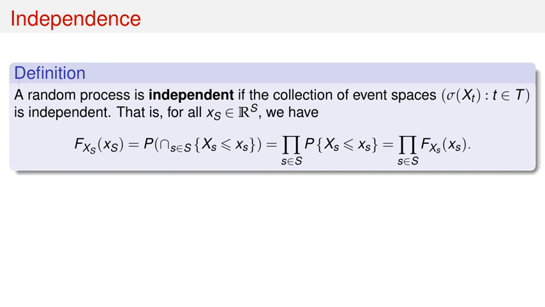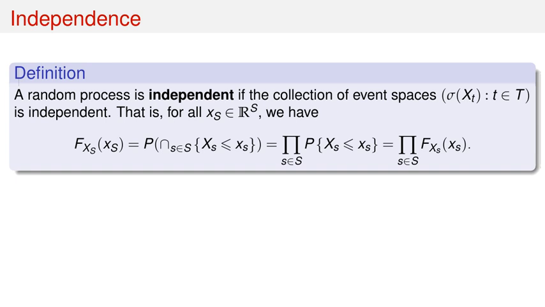Now let's define independence for random processes. A random process is said to be independent if the collection of event spaces sigma of X_t for t in T is independent.